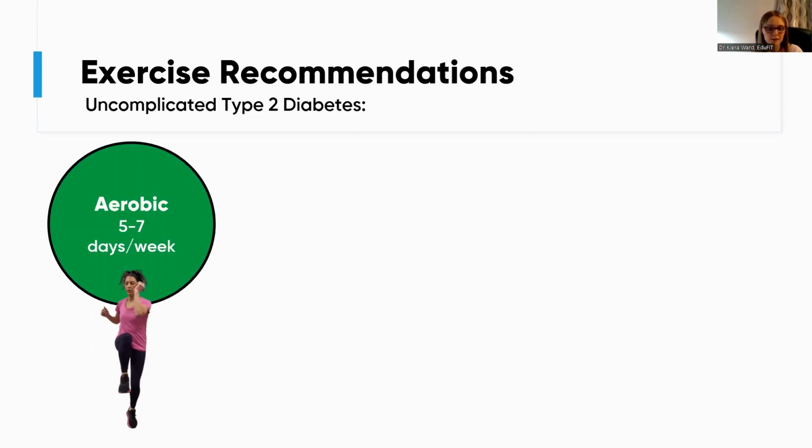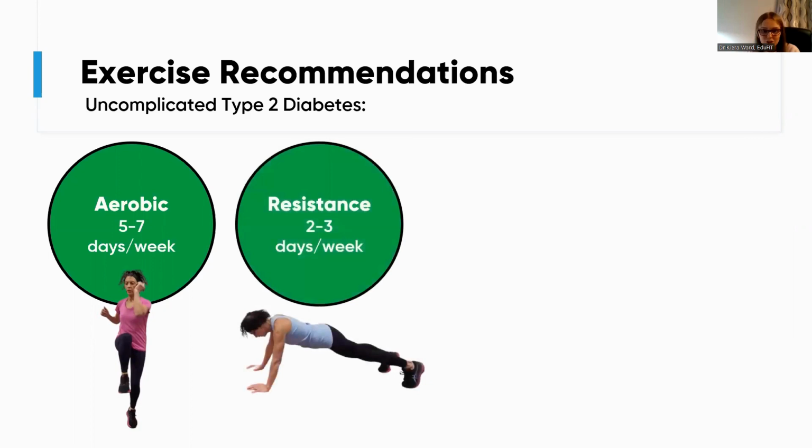The second type of exercise then is resistance exercise, which is recommended 2 to 3 days per week, low to moderate to start with, and building up to moderate and beyond. So if you're on our Prime Time program, you are meeting these guidelines by training with us. What resistance training does is increase muscle mass, which therefore increases the storage space for glucose.